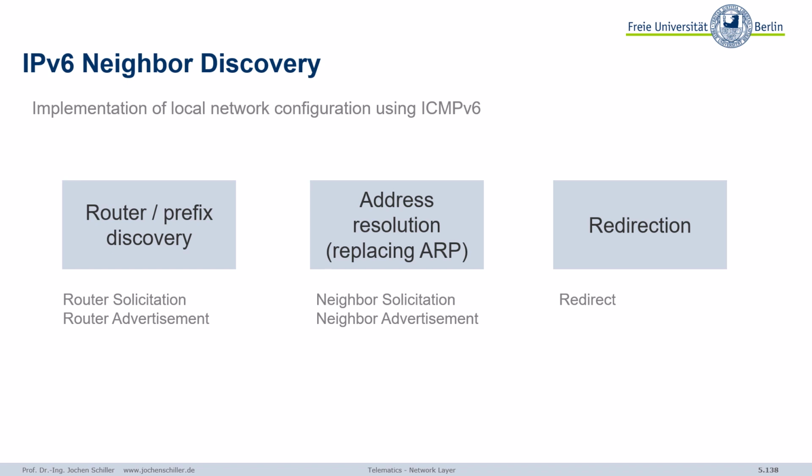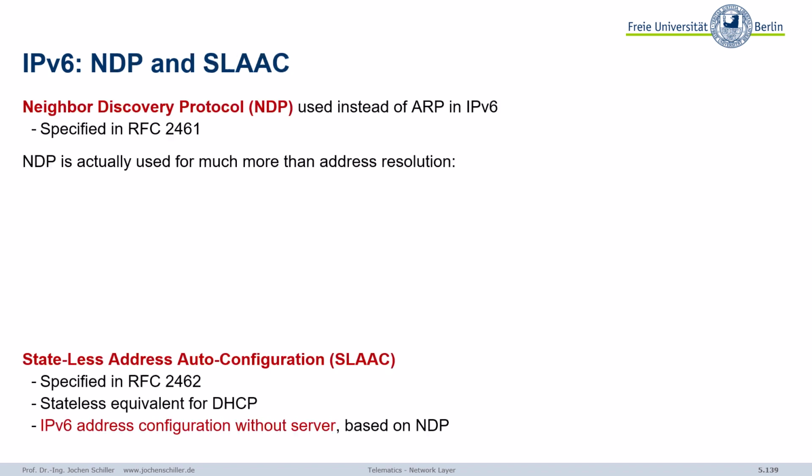We learned that we can do this router discovery with it, prefix discovery, so prefix, the important network part of my IP address. We learn that with the help of neighbor discovery, we can replace ARP, so for address resolution. We can also redirect traffic. So how does all this work?